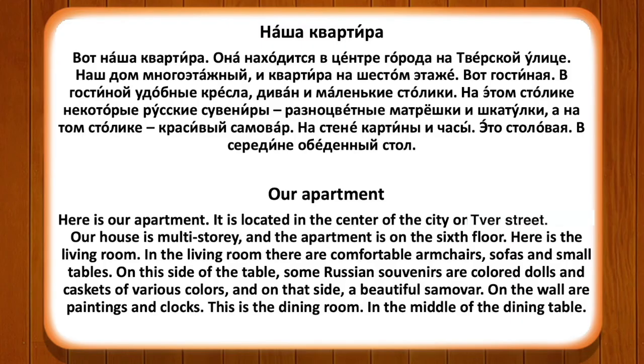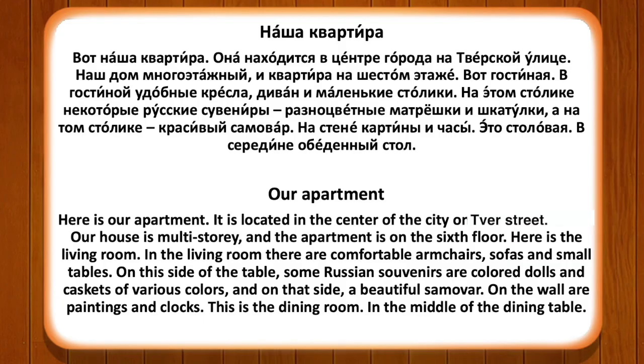Ona nakhoditsa v centre goroda. So here we are using Ona for kvartira. Ona nakhoditsa, где находится. So prepositional case, that is why we are using the predlog or preposition v. V centre. Center changes into centre. Goroda.